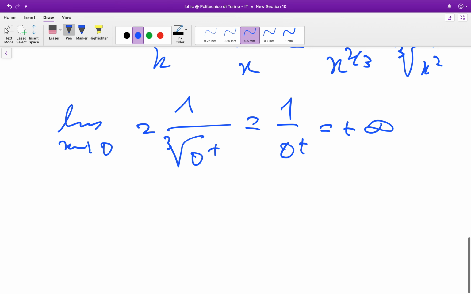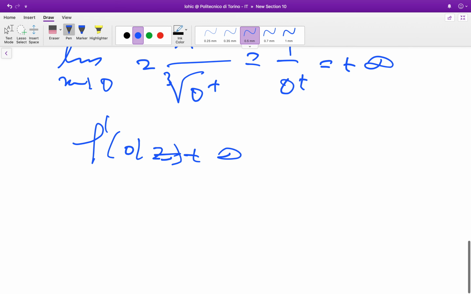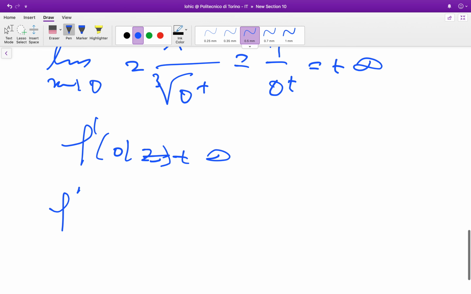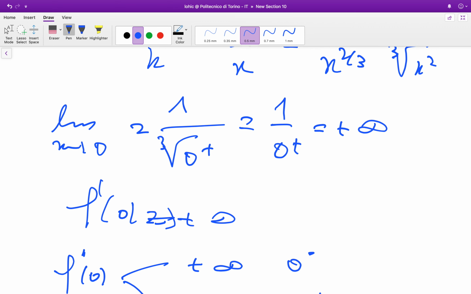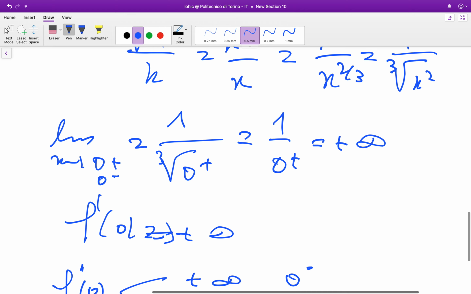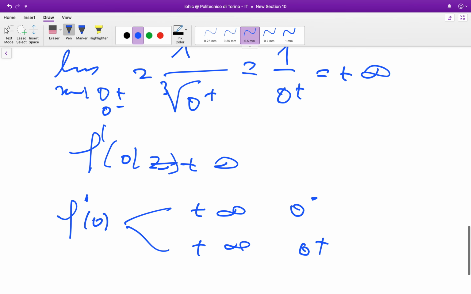1 over 0 plus will be plus infinity. So we got that f prime of 0 tends to plus infinity. So f is not differentiable on both sides. f prime of 0 gives plus infinity at 0 minus, and the same at 0 plus, because, as I said here, independently if you take 0 minus or 0 plus, this is x squared. So it will give you 0 plus.